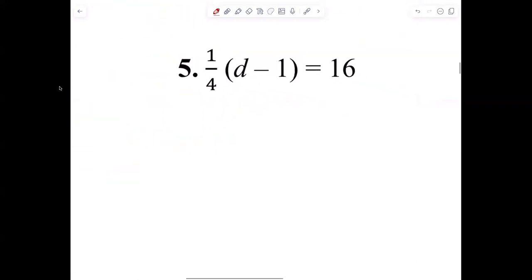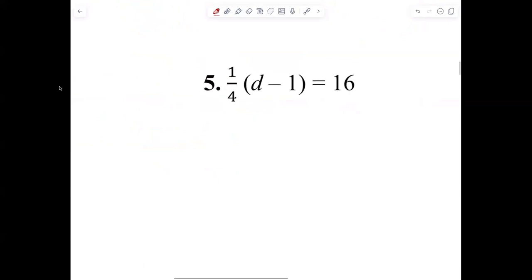Now you've got kind of an annoying one because you got fractions. All right, so we're going to go through a couple things that'll help you. Go ahead. Tell me what you think when you distribute the 1/4 to the D. No, I don't want you to do that yet. You're going to distribute the 1/4. It's like 1/4 times 1. What's 1/4? It's 1/4.